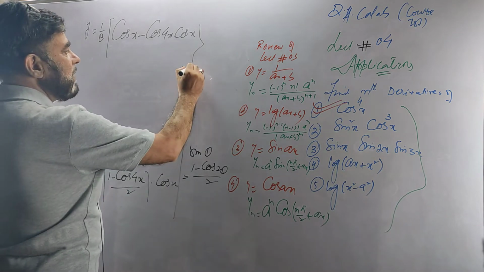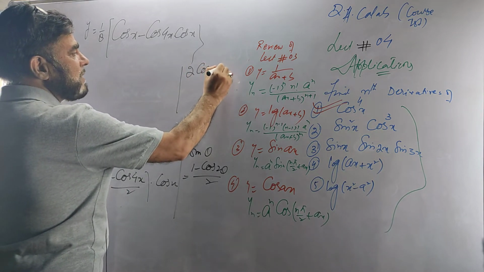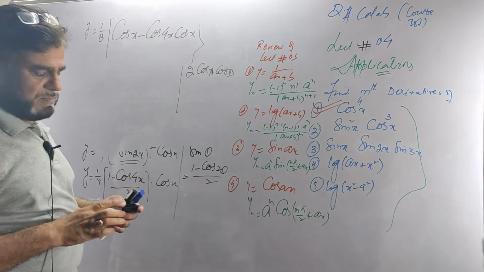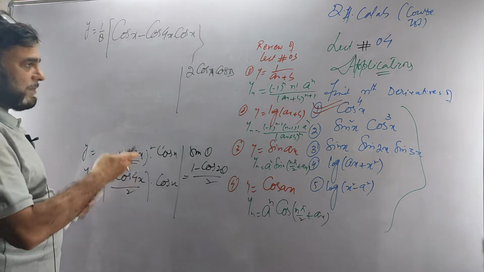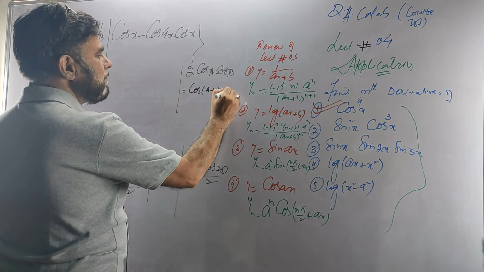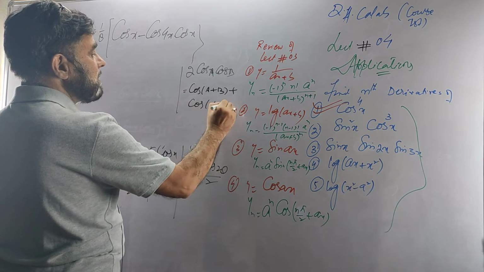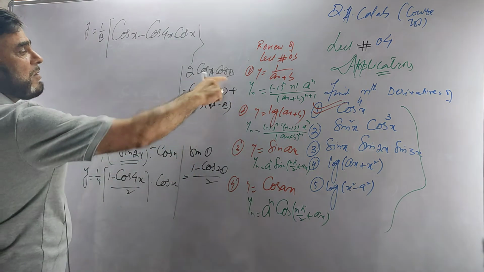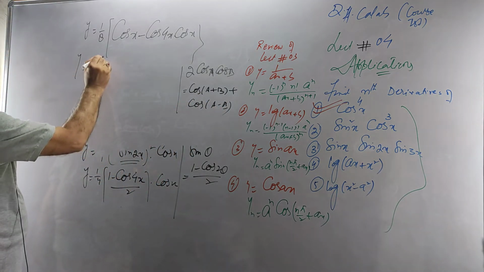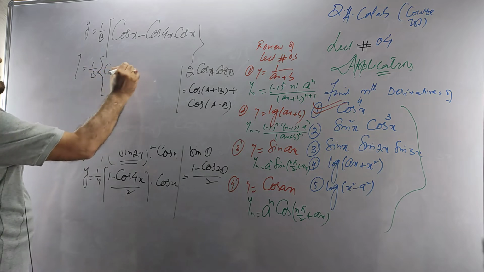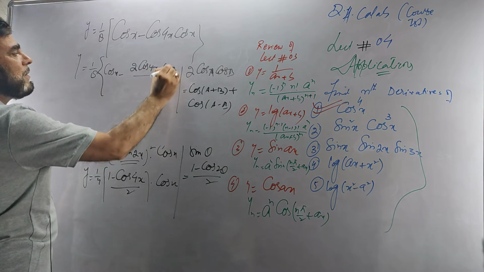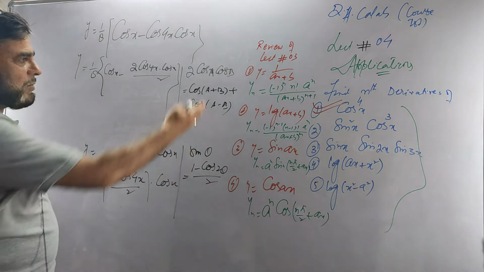Here also I will use this formula now, conversion of product into sum. It is cos a, cos b. You have 4 results of this formula, conversion of product into sum. I will write all the 4 after this. This is cos of a plus b plus cos of a minus b, because both are cos. So I use twice cos a cos b equals cos of a plus b plus cos of a minus b. How do I do it? y equal to 1 by 8, cos x minus, I write here 2 cos 4x cos x by 2, multiply by 2 and divide by 2 to write this formula.